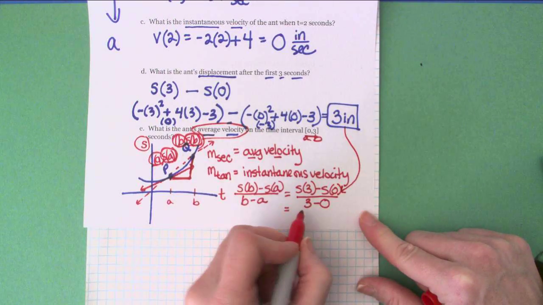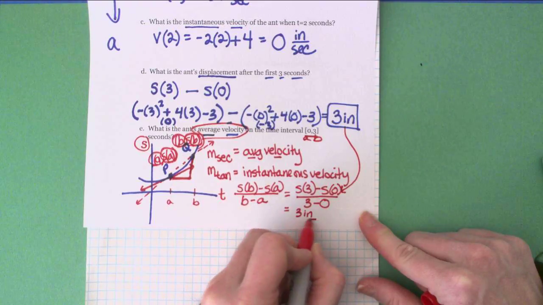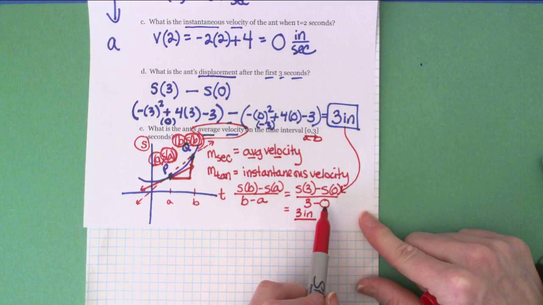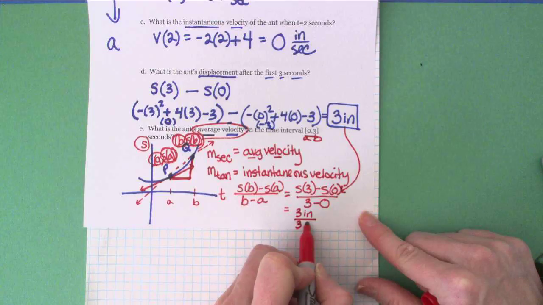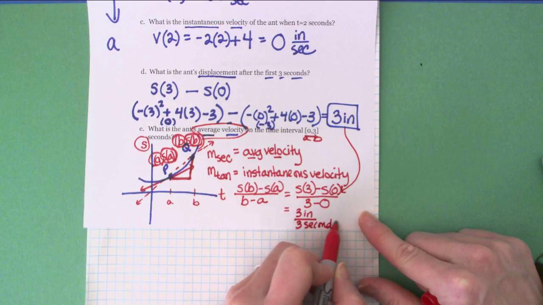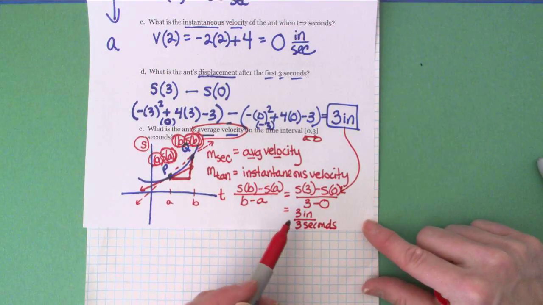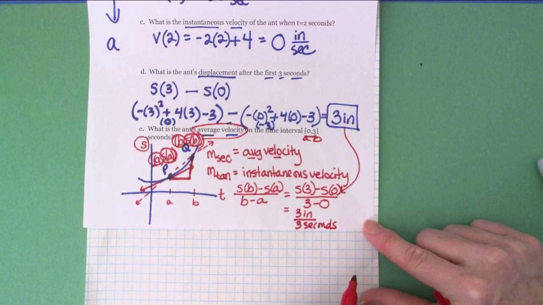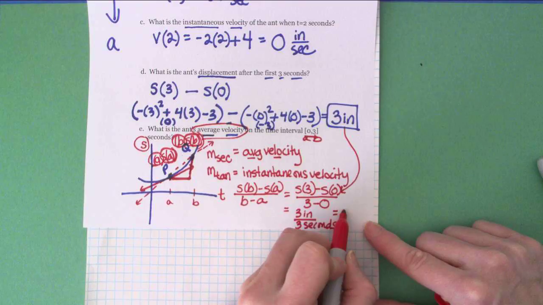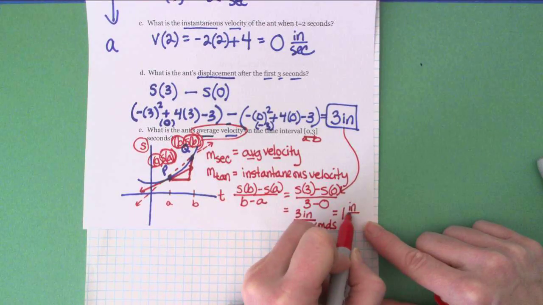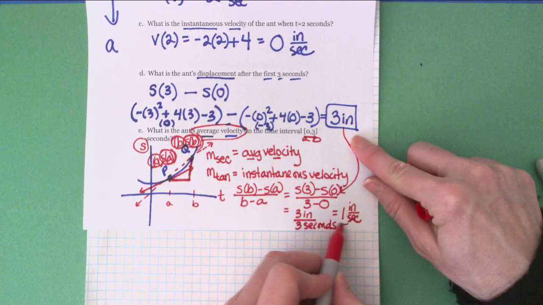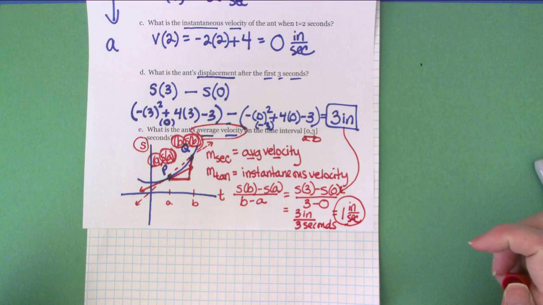So I'm just going to steal that. Divided by 3 minus 0 is 3 seconds of time. So from 0 to 3 seconds, he went 3 inches. So we're going to say that the average velocity of the ant then is 1 inch per second. And that's going to be that.